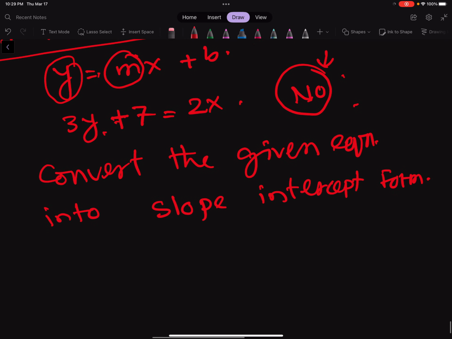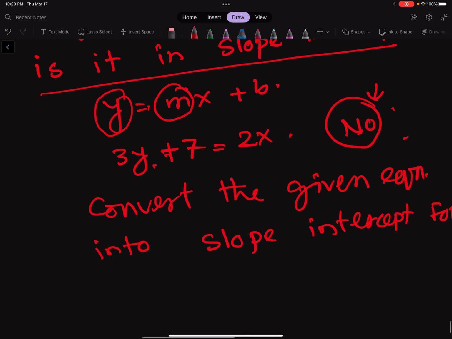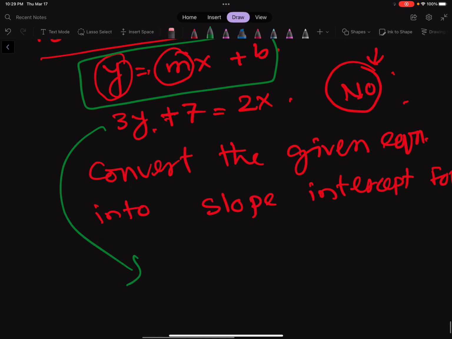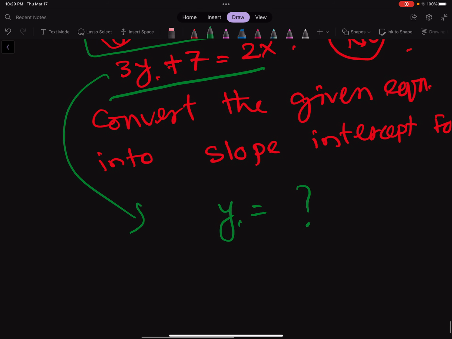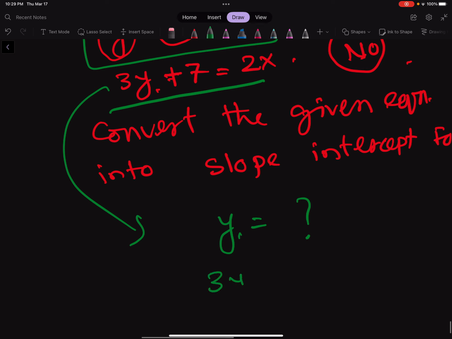So from here, we'll have to convert it to y equals something. Our job is to isolate y from 3y plus 7 and 2x.